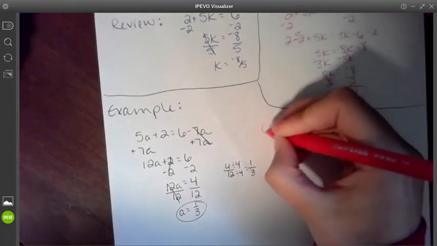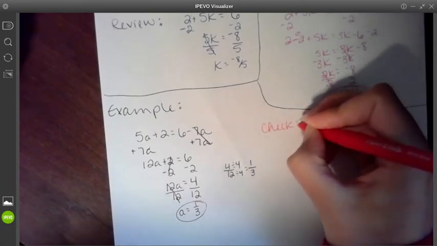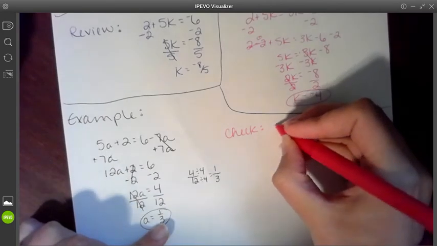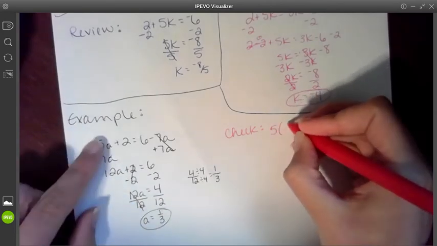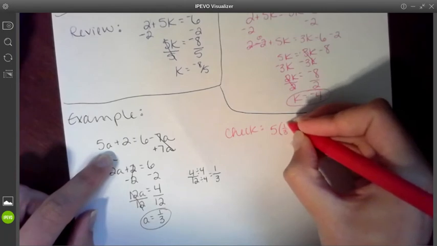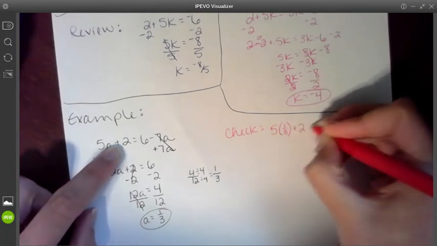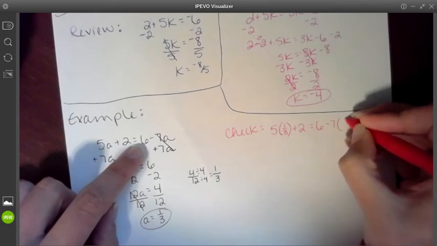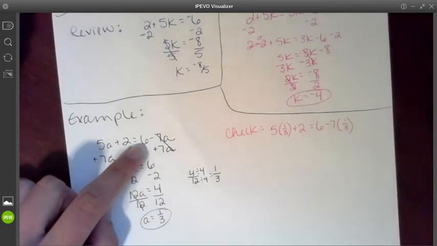All right, so let's check it. I'm going to put 1/3 in for a. Let's get some good fraction practice in. So 5a, so 5 times 1/3 plus 2 equals 6 minus 7 times 1/3.